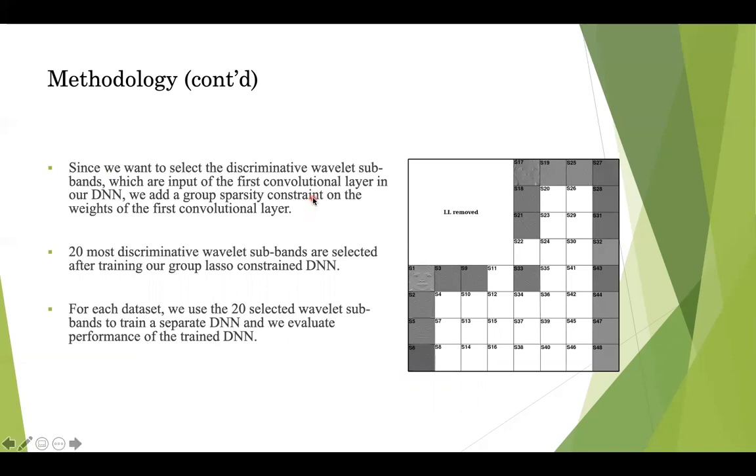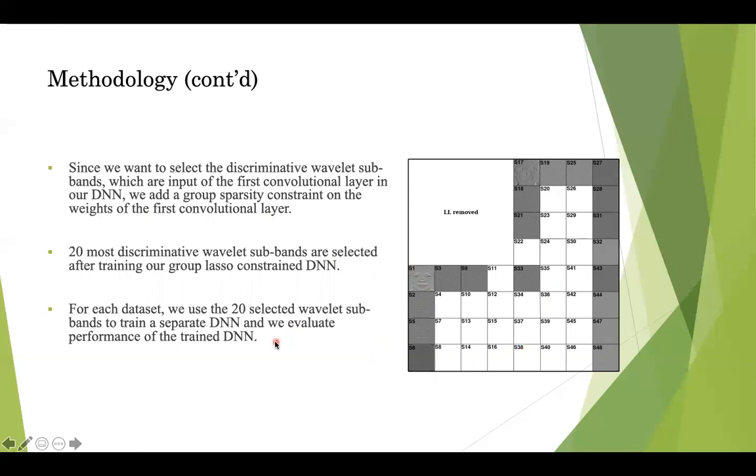Since the wavelet subbands are the input of our deep neural network, our group sparsity constraint in the loss function is actually a constraint on the weights of the first convolutional layer. After training our deep neural network, the 20 most discriminative wavelet subbands are selected, as shown in this picture.